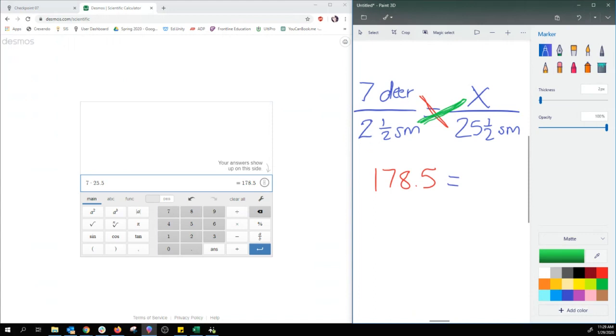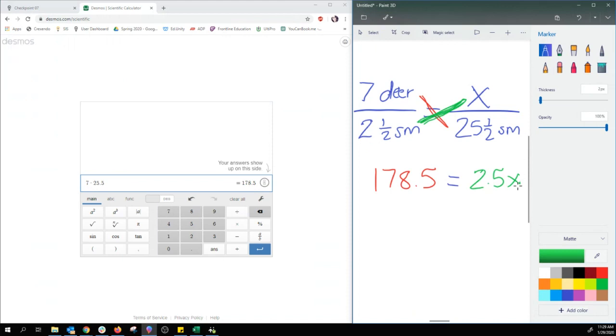What would it look like? X times 2.5. Yes. Remember that whenever you have a number next to a variable like this, 2.5x, this represents multiplication. So 2.5x is saying 2.5 times x.